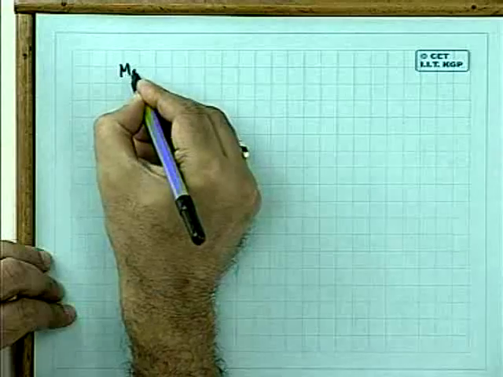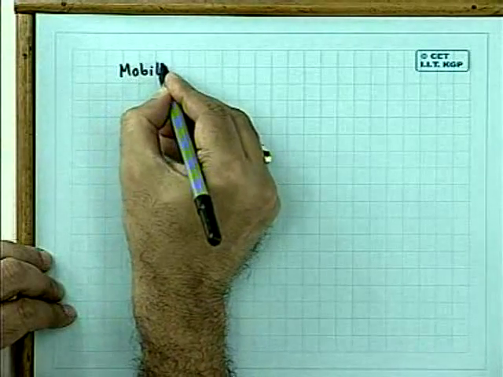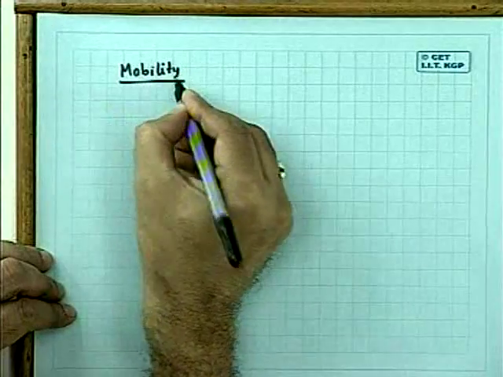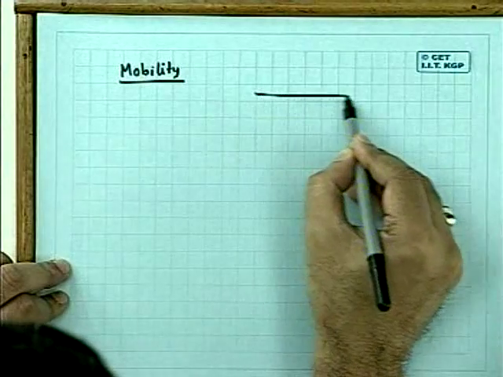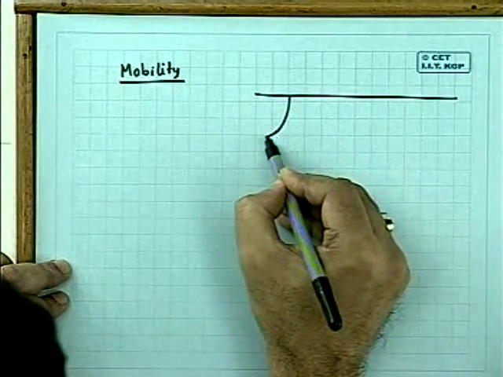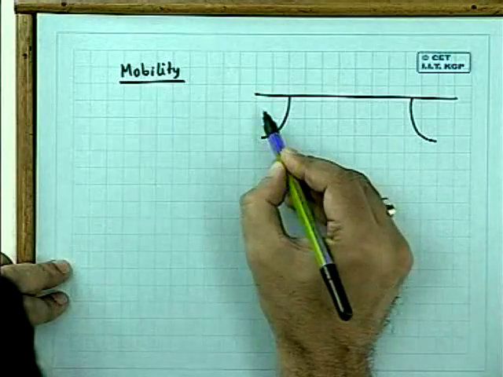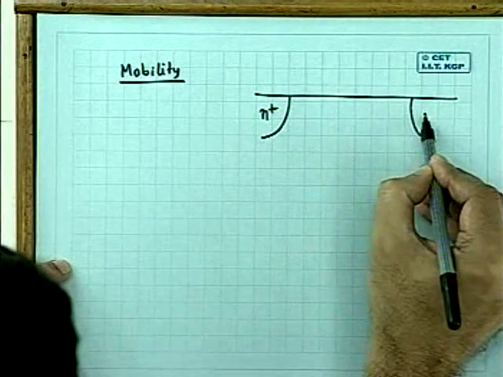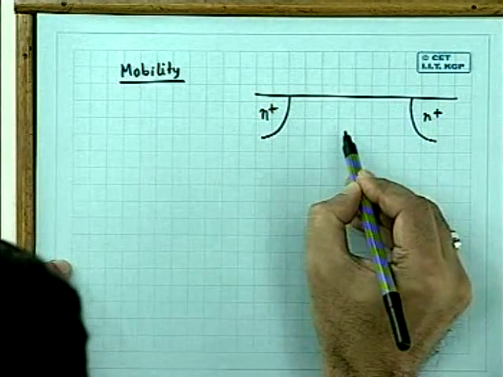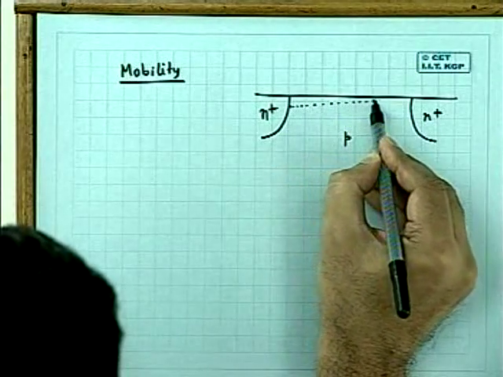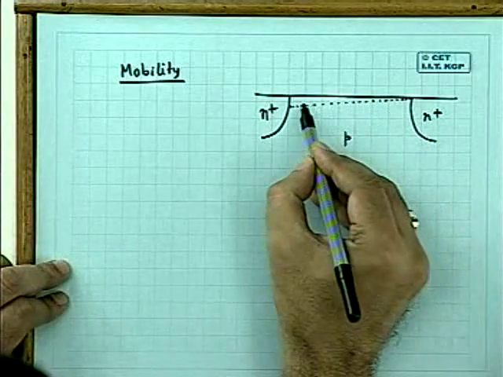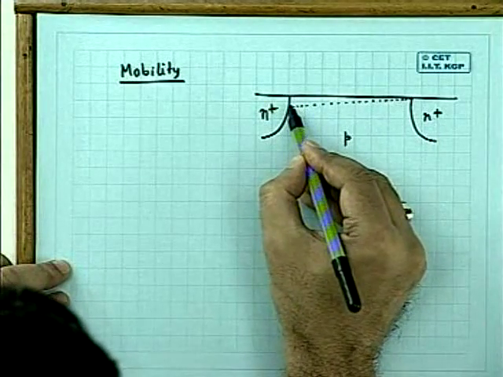Let us now discuss a little bit about the mobility behavior. This is very important. So this is our inversion layer.